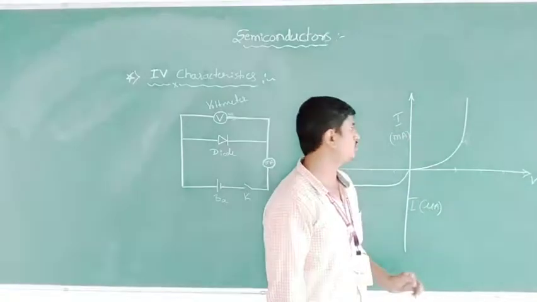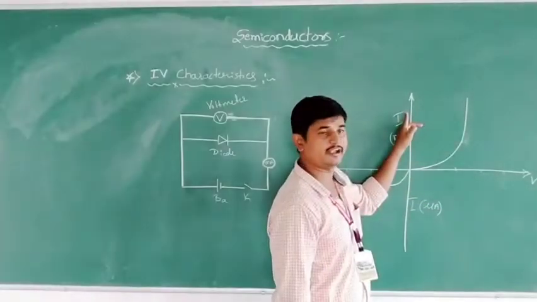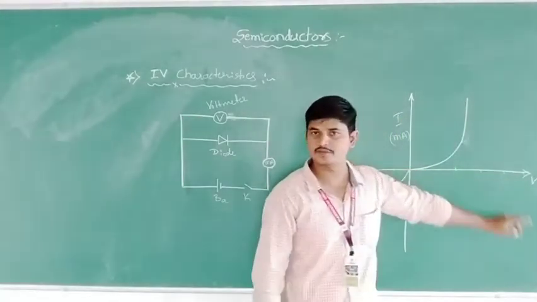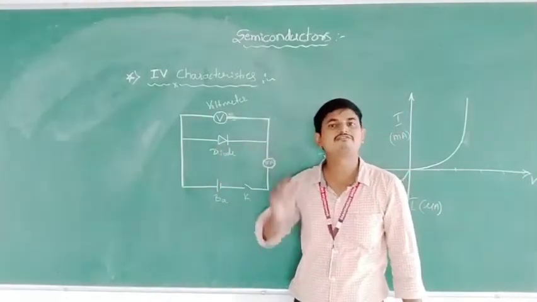So this is how the current varies with respect to voltage in the diode during the forward bias.